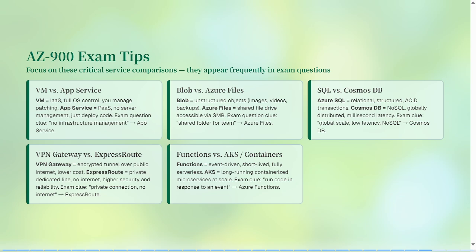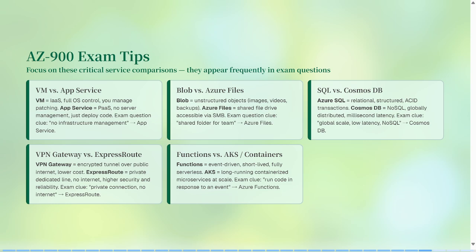It is globally distributed and provides millisecond latency at scale. If the question mentions global distribution, NoSQL, ultra low latency, the correct answer is Azure Cosmos DB. So SQL equals structured, relational, transactional. Cosmos DB equals NoSQL, global scale, ultra low latency.